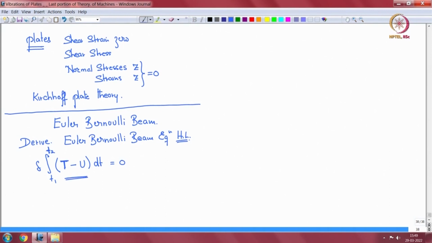Now let us form this U term. That U term consists of one, the strain energy, and the other from the external load.